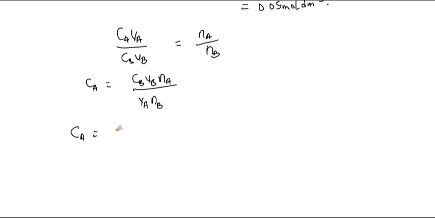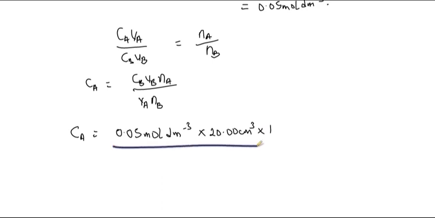The concentration of the base is 0.05 mole per dm³, multiplied by the volume of the base, which is 20.00 cm³, multiplied by the number of moles of the acid, which is 1, divided by VA, 25.00 cm³, and NB is 1 as well.